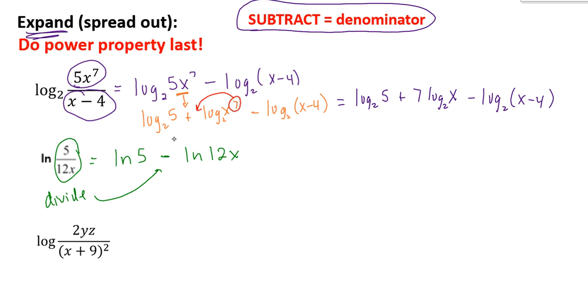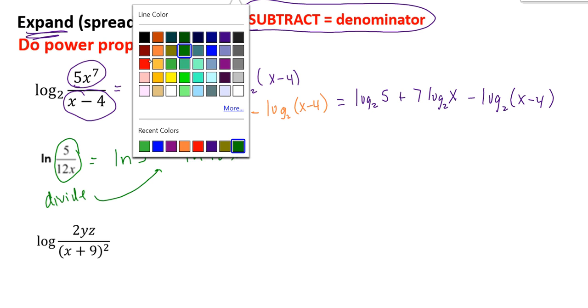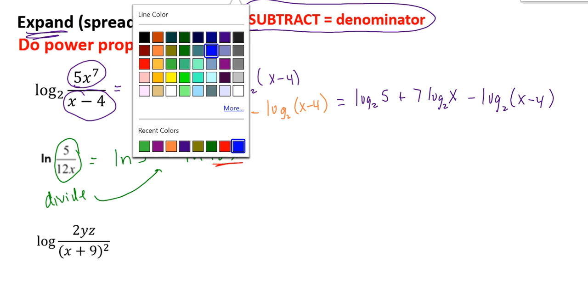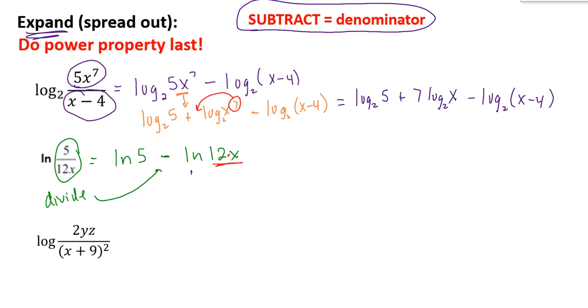Now looking at it again, I can see that I've got 2 things inside here being multiplied. So they're going to get split into their own pieces. So this right here is going to be ln of 12 plus, because they're multiplying, ln of x. So it changes this whole thing into ln of 5 minus ln of 12 plus ln of x.